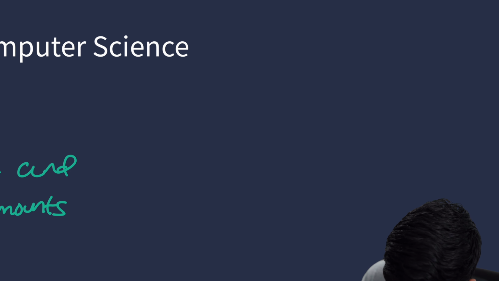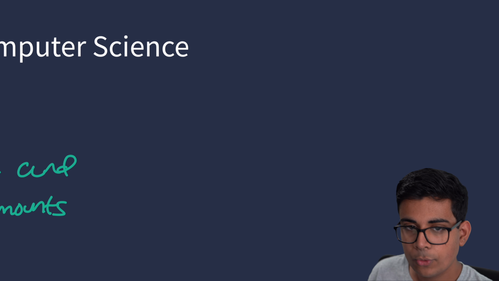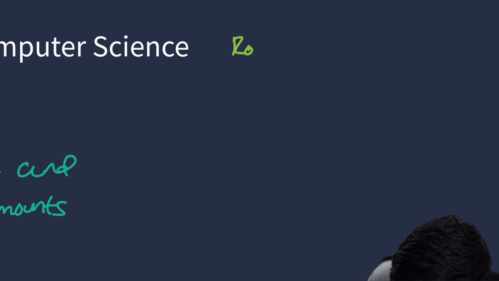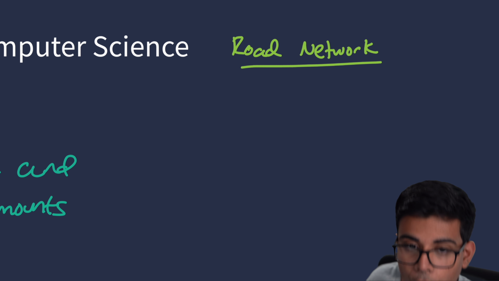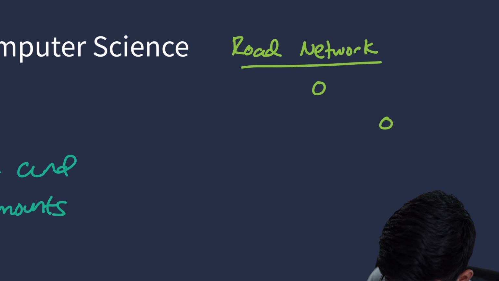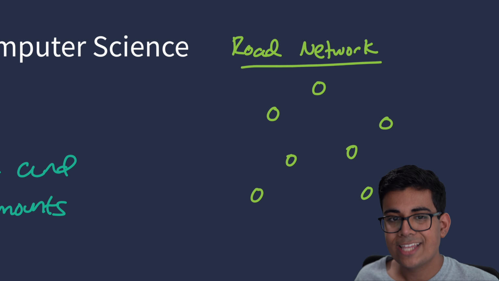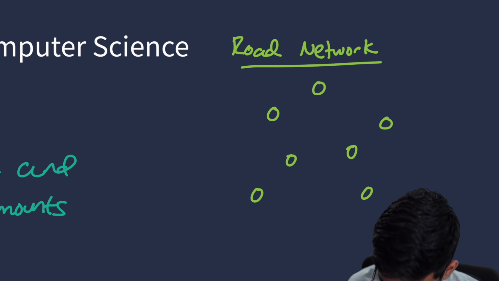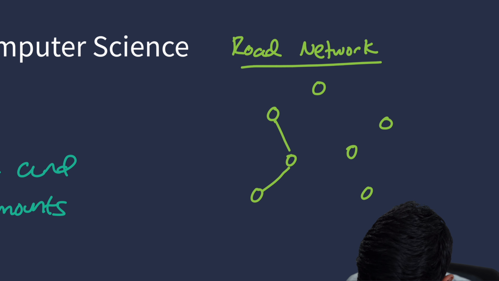Okay, so the first thing I'm going to talk about here is I'm going to draw out a road network, right? So let's say we have all these different points. Let's say we have a point here on our map, here, here, here. Let's say we have one here and here, right? And we also have roads that connect all these points. So let's say we have a road connecting these points here.